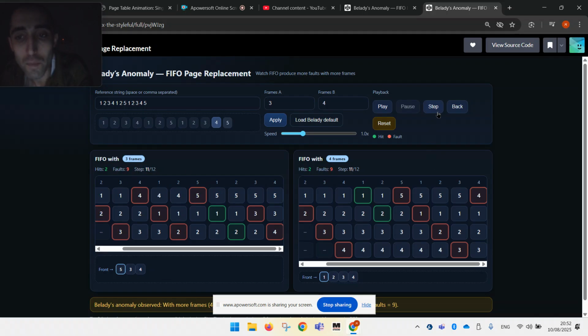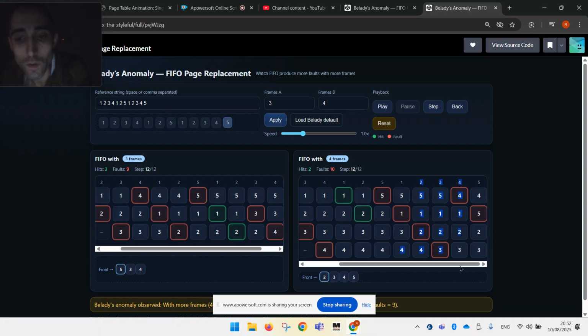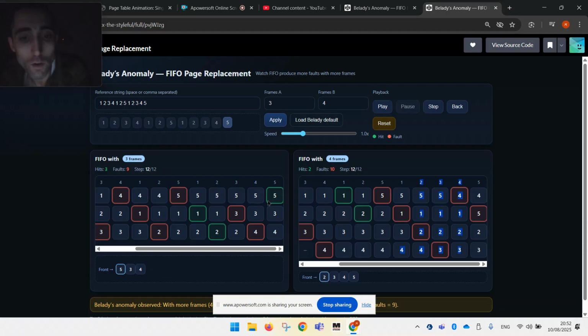Let's see how it happens. So here we are finished, and we got 9 faults in the 3 frames page and 10 faults in the 4 frame page. So you saw that not all the way we got more faults here than here, but at some point we organized it that way.